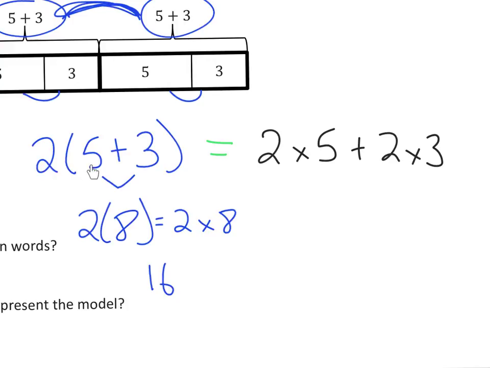So we're literally distributing this 2 to the numbers inside the parentheses. So this would be 2 times 5, which is right here. And this would be 2 times 3, which is right here. And then, of course, we just put that plus sign right back in the middle. And that's how we distribute the 2 to what's inside the parentheses, because the parentheses is another symbol for multiplication.